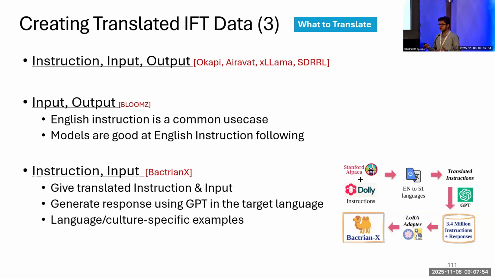Or you could translate the instruction and input and pass the instruction and input in the target language to another LLM. You generate the response and then use that as your IFT data. This is important because we would, one, get more language and culture specific examples in a response, and two, we would have better fluency in the response.